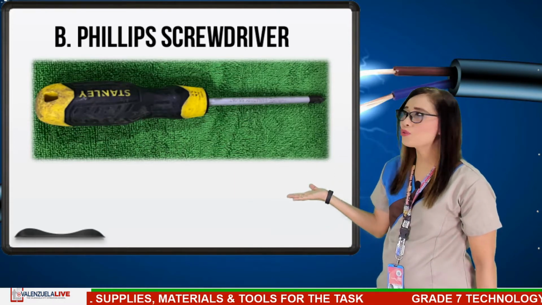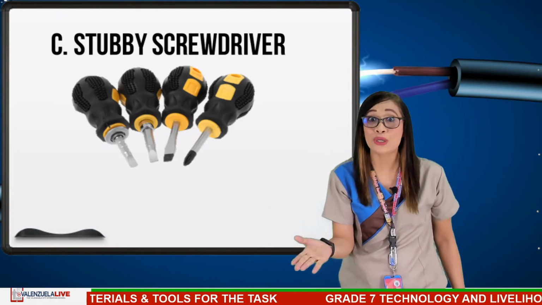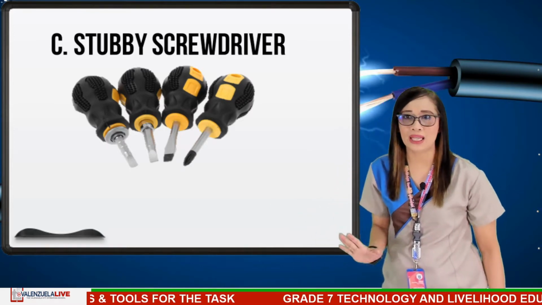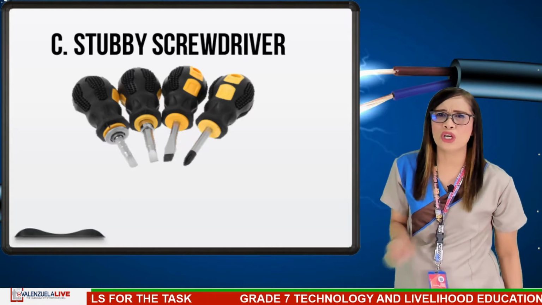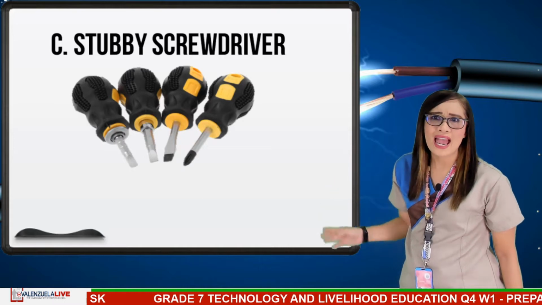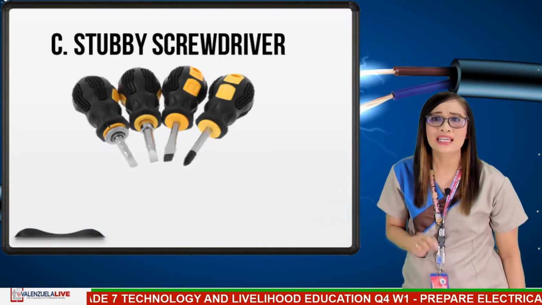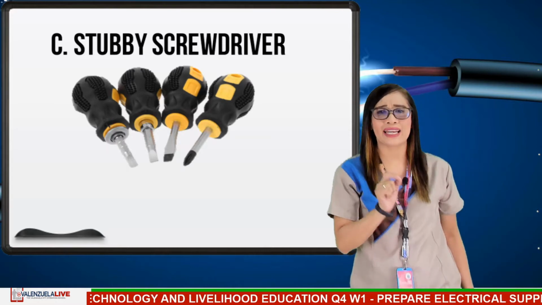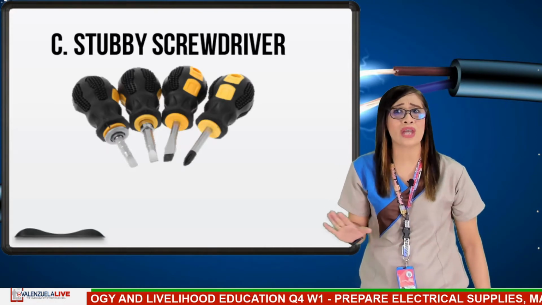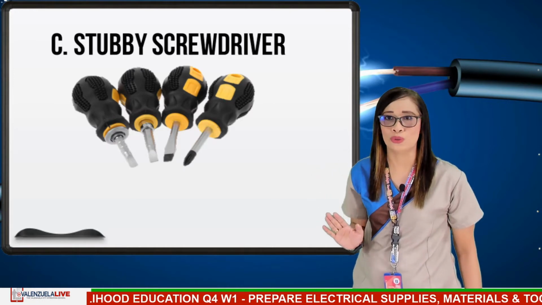Next is stubby screwdriver. It comes either standard or Phillips, with a short shank or blade and a shortened handle, used to turn screws in tight spaces where a standard screwdriver cannot be used.